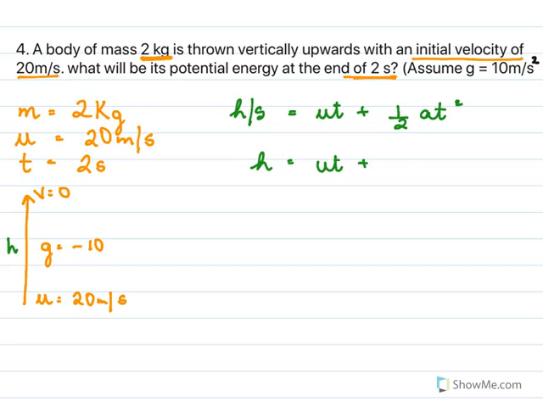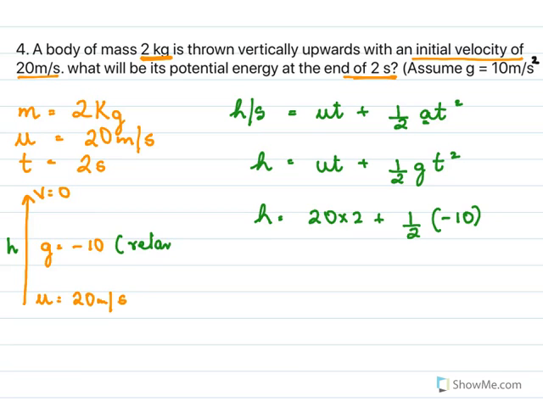We have ut plus half, the a, the acceleration due to gravity, is g, t square. So h equal to u we know is 20, t is 2, half. Now the g here is minus 10 because the body is moving upwards. That is retardation.